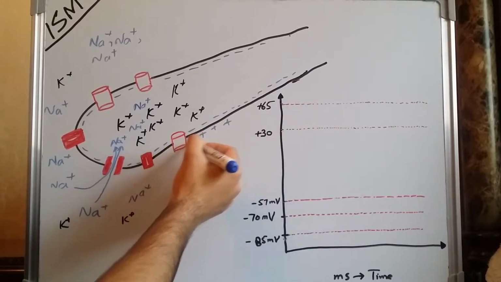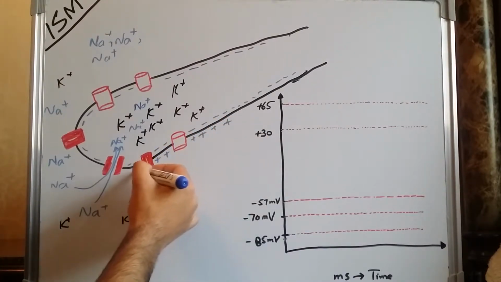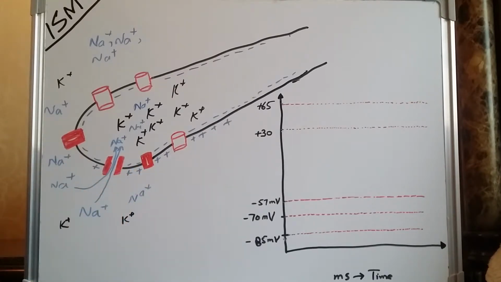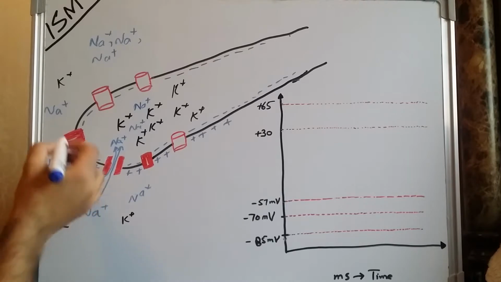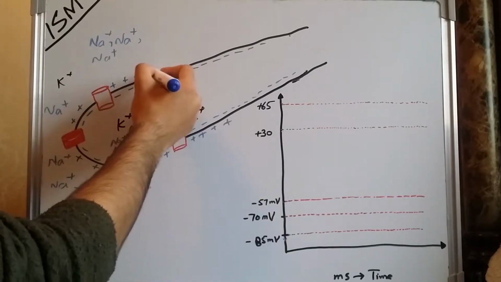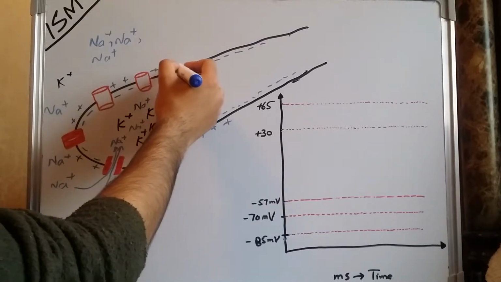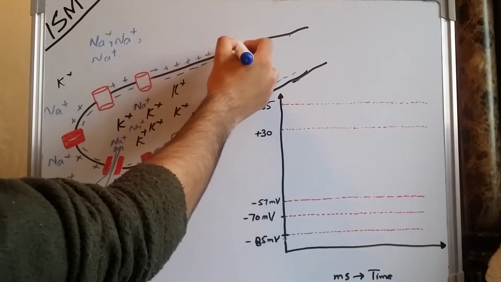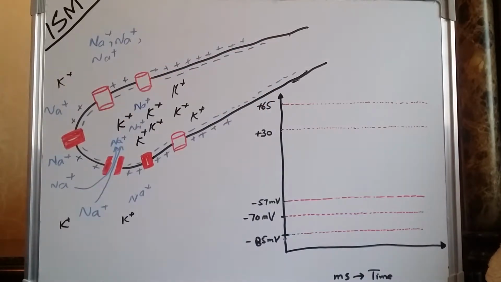This is the outside membrane of the neuron, and this is the resting membrane potential.